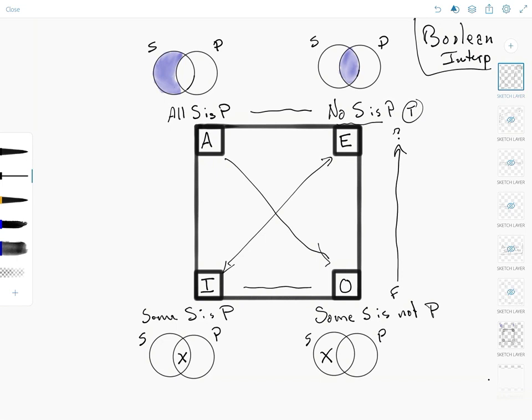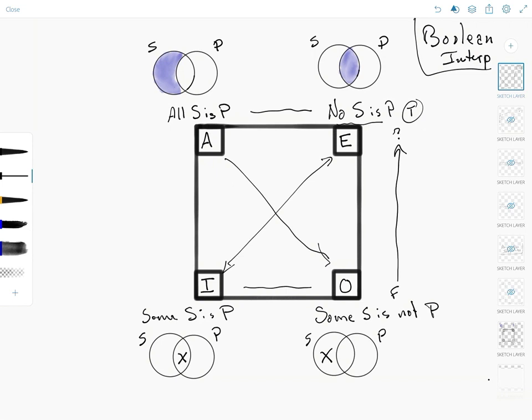So think about "some S is not P." If some S is not P, what would make that false? What would make that false is if it was true that there are no S's. If it was true that there are no S's, then it would be false to say that at least one S is not P. And that's exactly the problem we had with contraries.